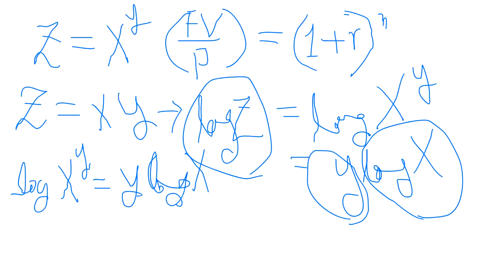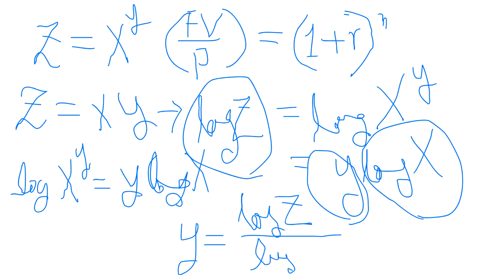So then what do you do? Because y is our unknown, and that's what you want to solve for, then you can simply divide the left-hand side, log of z, by the right-hand side, which is log of x, right?